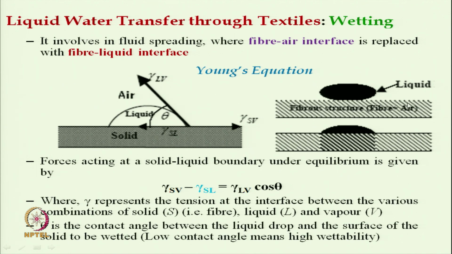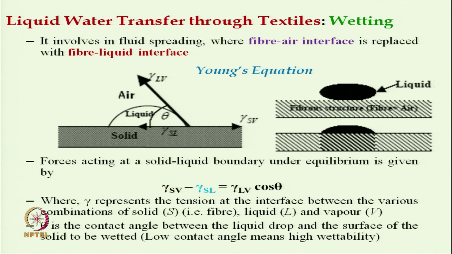So, here in dry sportswear, the fiber is actually surrounded by air space, but when it is wetting, this fiber-air space is being replaced by fiber-liquid, and this follows Young's equation, where, as per this picture, theta is the contact angle. Lower the contact angle, higher is the wettability of the material.